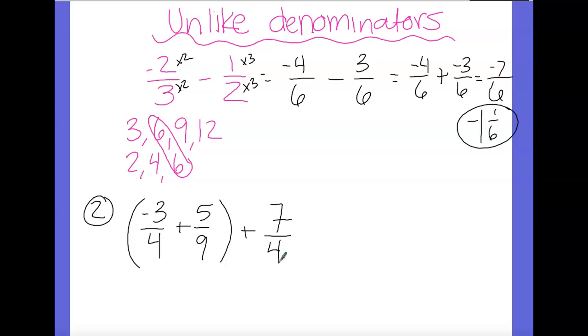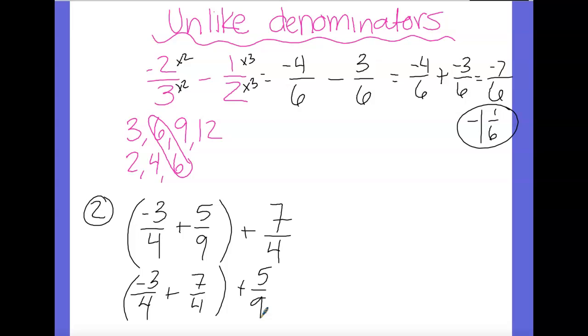So Connor wants to say, let's take negative 3/4 and add 7/4 first, and then we can add our 5/9. Why did you want to switch those, Connor? They have common denominators.